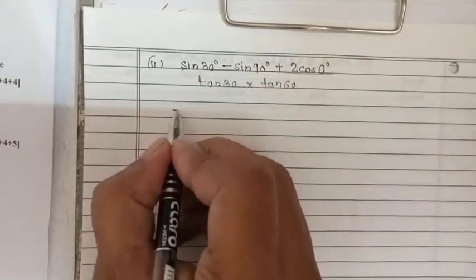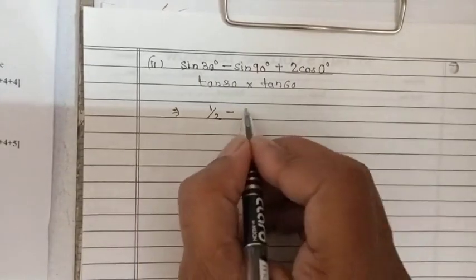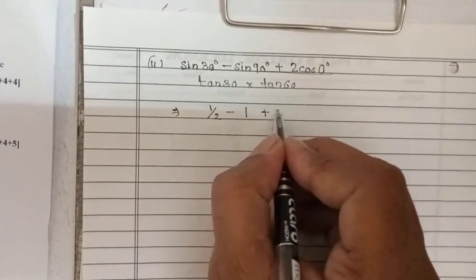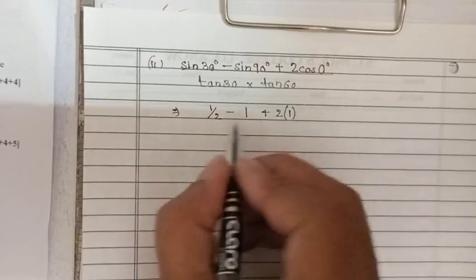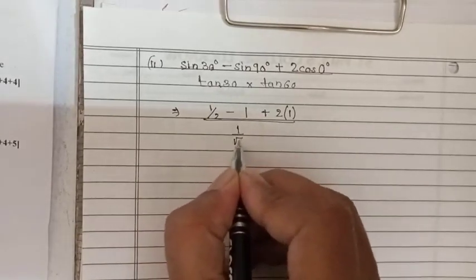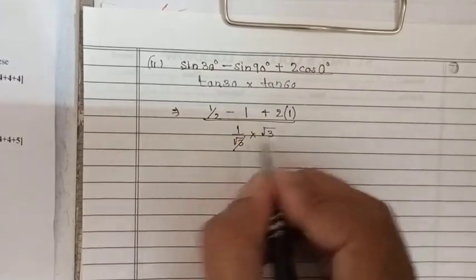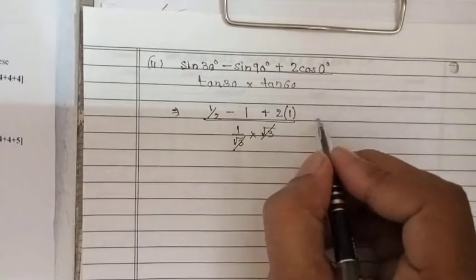Okay, now let's substitute the values. Sin 30 is half, sin 90 is 1, cos 0 is 1. In the denominator place, tan 30 is 1 by root 3, tan 60 is root 3. So root 3 and root 3 will cancel out.